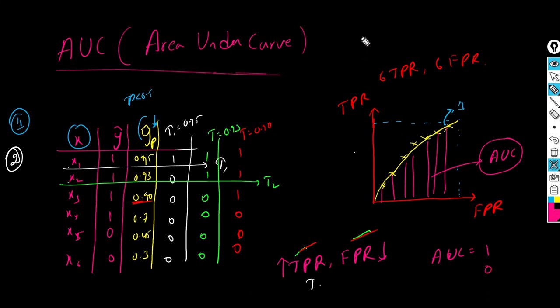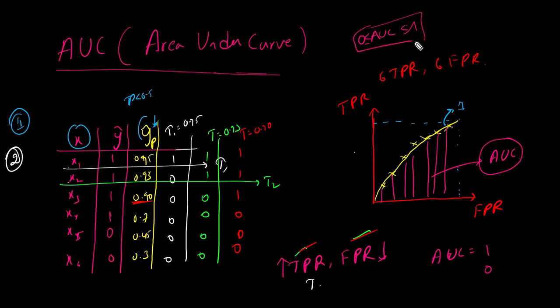Suppose we get a straight line like this; it is like a random model, and the value is going to be 0.5. If the AUC score is between 0.5 and 1, then we can tell this is a good model.